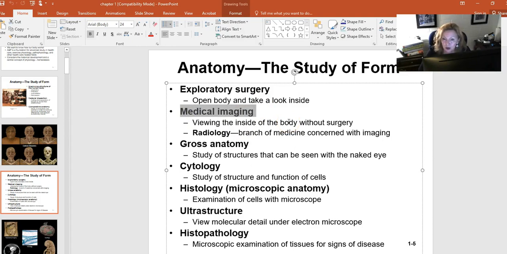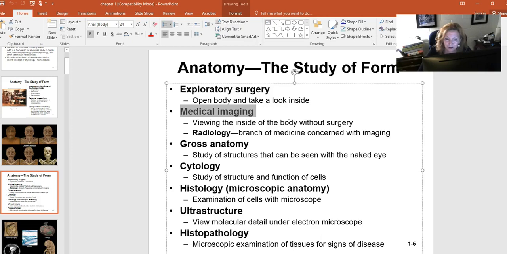We can use those to try to get to our definitive diagnosis. Still, sometimes exploratory surgery is needed. I think eventually that will be a thing of the past, and I hope that's sooner than later, because obviously anytime we cut someone open we're actually causing trauma. But sometimes it is still needed and required.